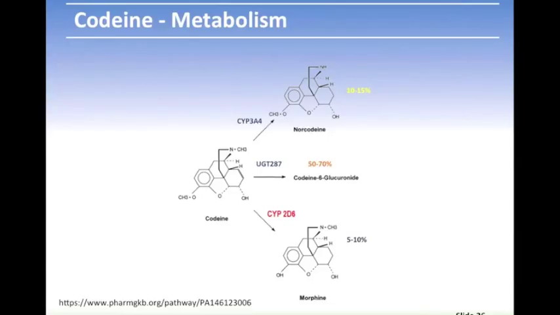However, morphine has about 200-fold greater affinity for the mu opioid receptor compared to either codeine, norcodeine, or codeine 6-glucuronide. Therefore, the main contributor to the efficacy of codeine as an analgesic is CYP2D6. This is then captured in the FDA label for codeine.